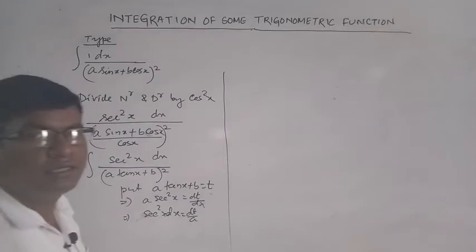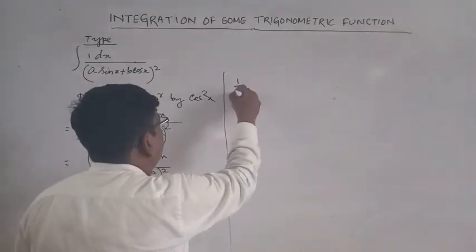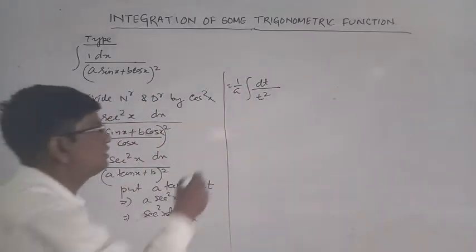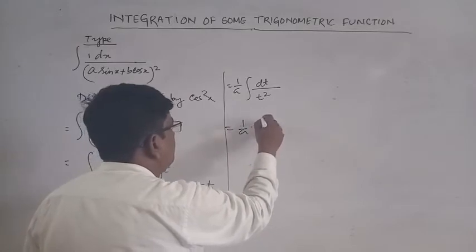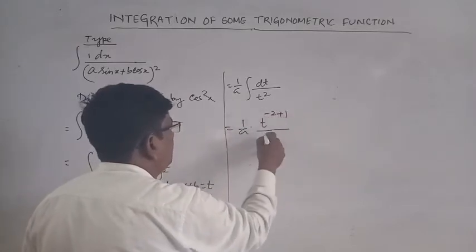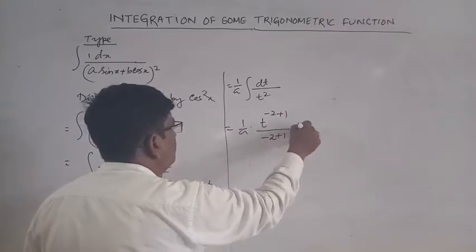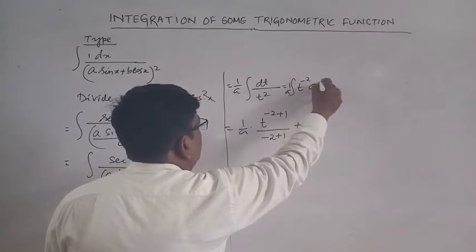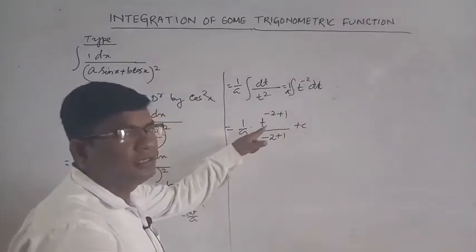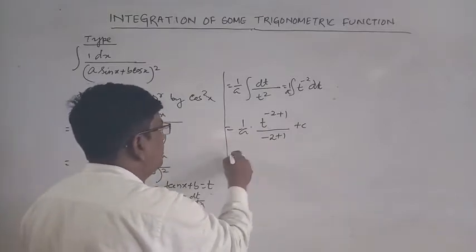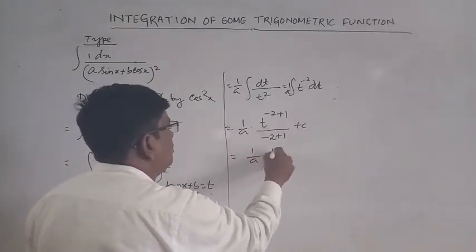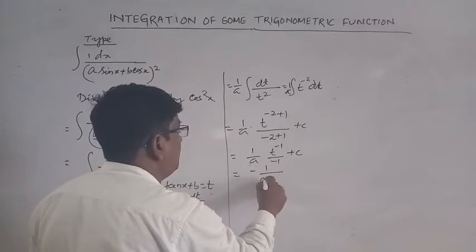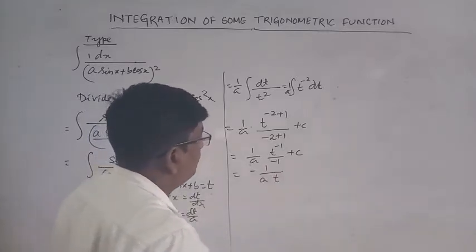Now this is equal to 1 by a, dt by t square. So this is equal to 1 by a, t to the power minus 2 plus 1 divided by minus 2 plus 1, plus c, that is equal to minus 1 by a into t plus c.